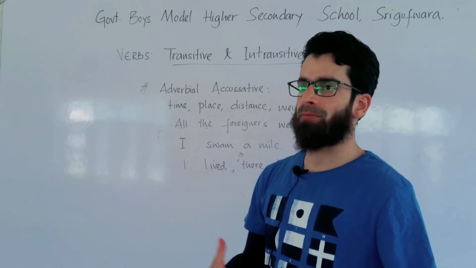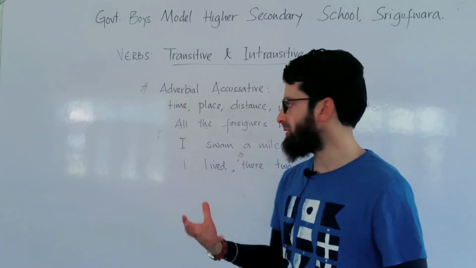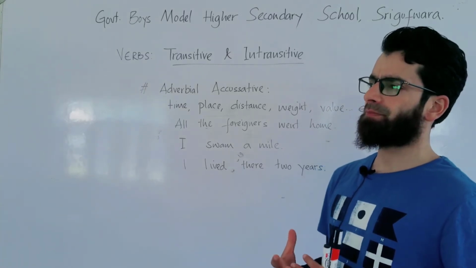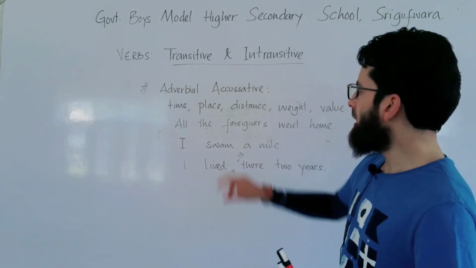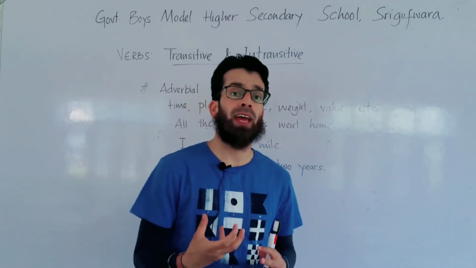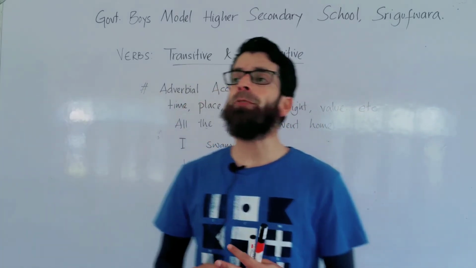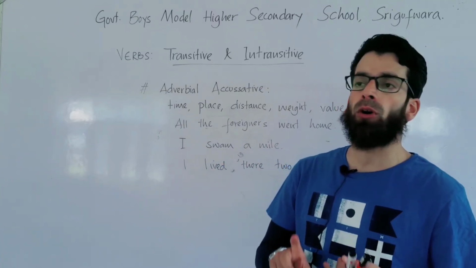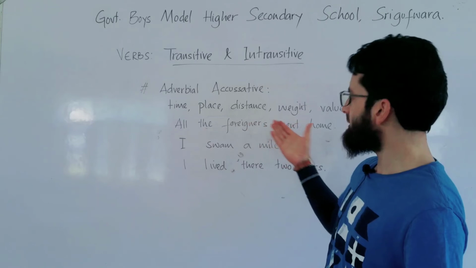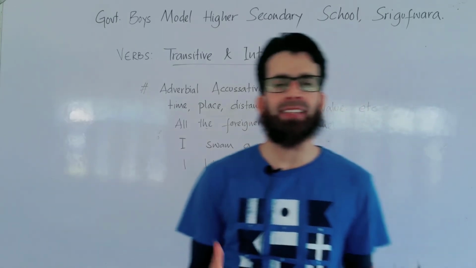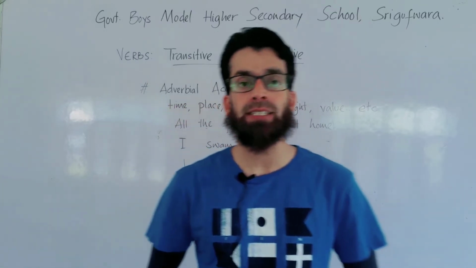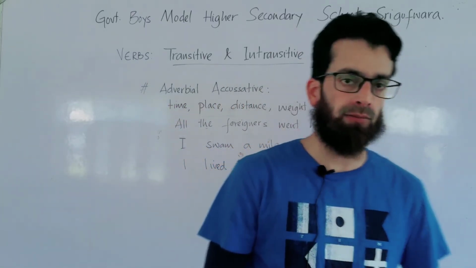There it has been discussed in detail, but here just a glimpse, a reminder. When a noun is used adverbially to modify the verb or adjective or another adverb, and denotes time, place, distance, weight or value, etc., that noun is known as adverbial accusative.